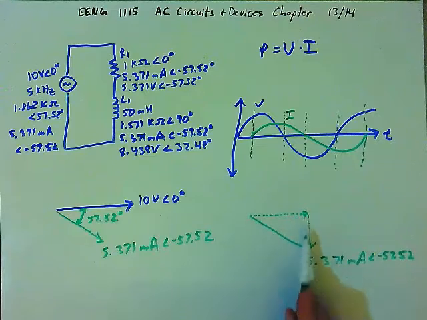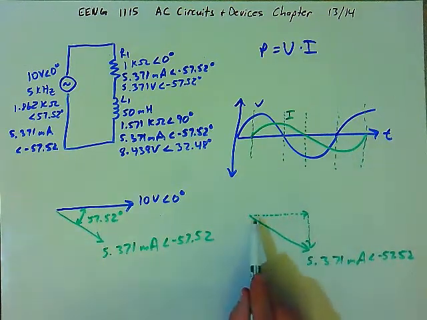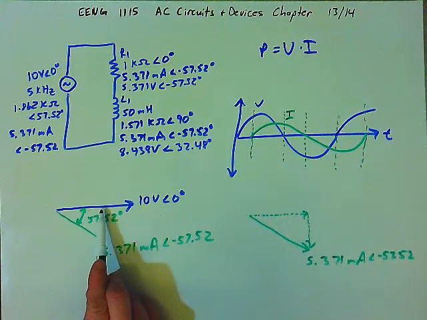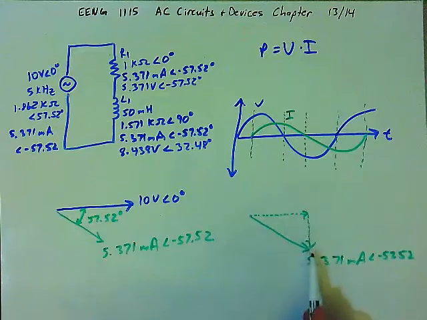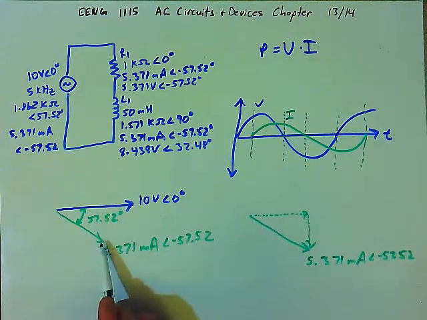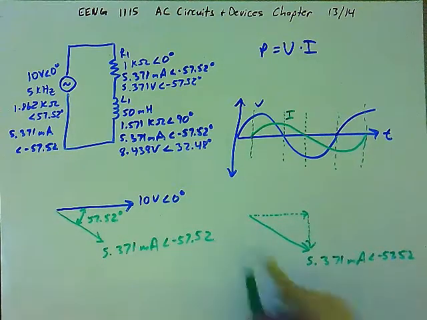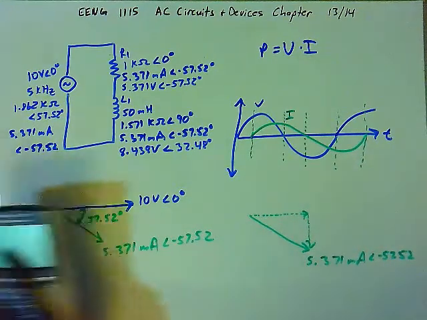The x component is positive in this example, and the y component is negative. The x component of the current vector is in phase with the voltage. The y component of the current is perfectly perpendicular to the voltage. And so let's resolve this vector into its two components.